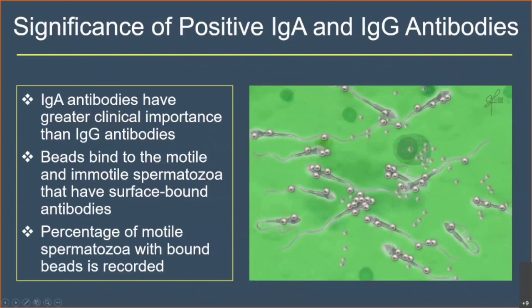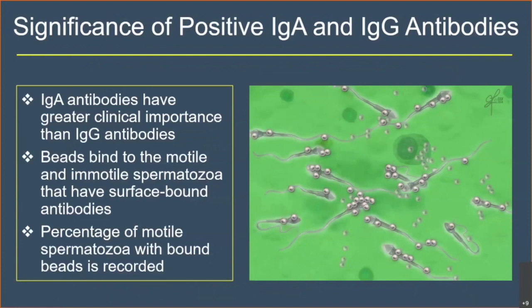So what is the significance of positive IgA and IgG antibodies, which are both tested in the semen sample? The IgA antibodies have greater clinical importance than IgG antibodies. Essentially, the beads will bind to the motile and immotile spermatozoa, which have the surface-bound antibodies.